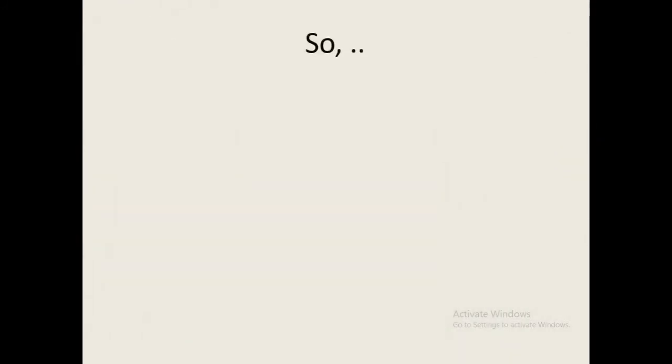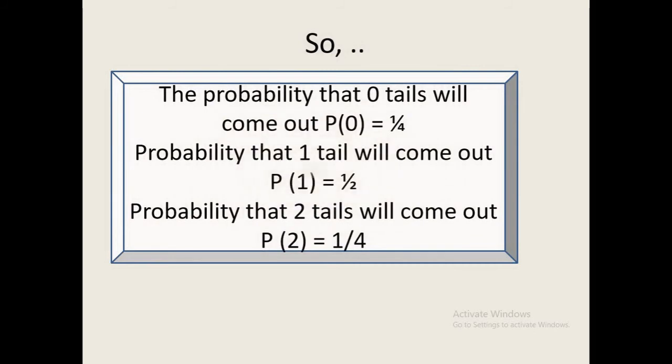So, the probability that 0 tails will come out is 1/4. The probability that 1 tail will come out is 1/2. That is because there are 2/4. So that would result to 1/2.